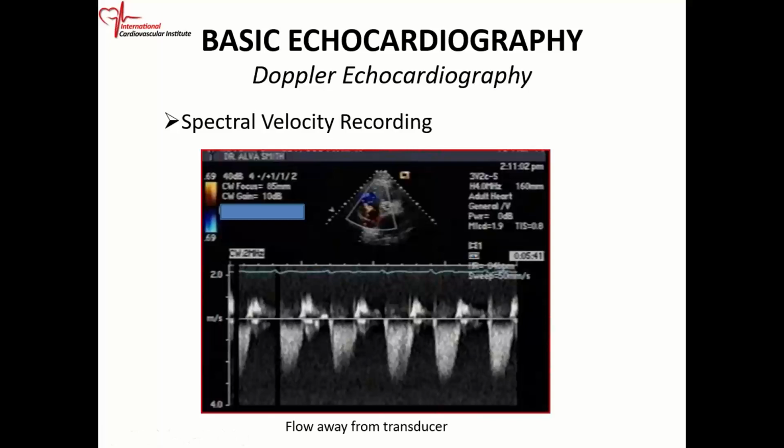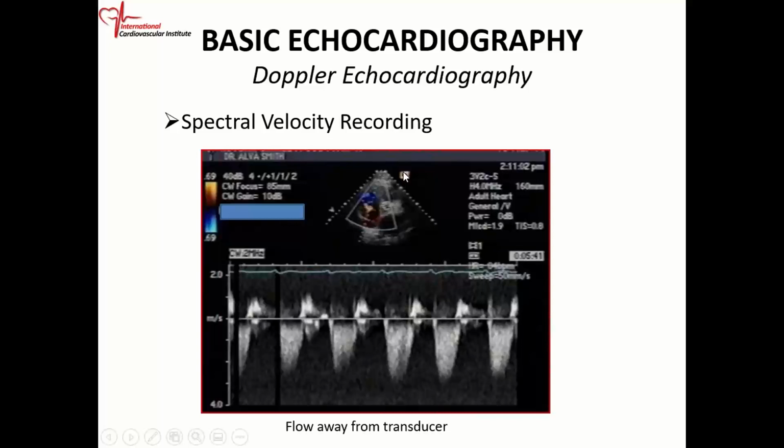So if you remember, this is actually short axis at the level of the aortic valve. This little depiction here is your transducer. You need to know what your transducer looks like when you're doing your study.